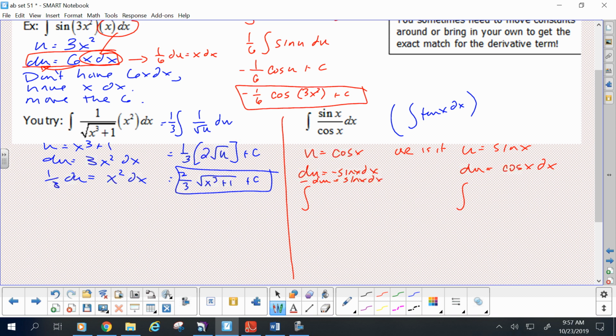So upon substitution, the integral and the fraction bar are still there, and in place of sine dx is negative du, and in place of cosine is u. Seems fine to me.